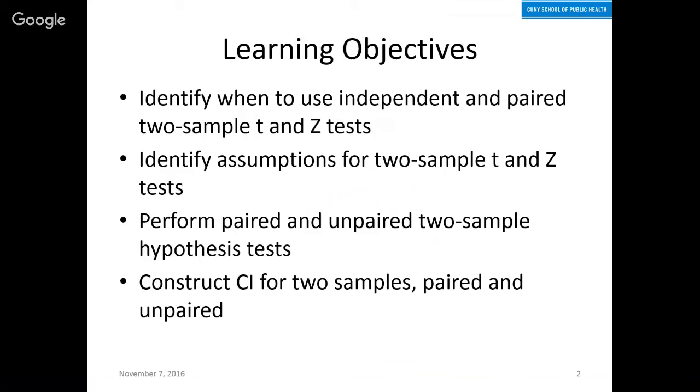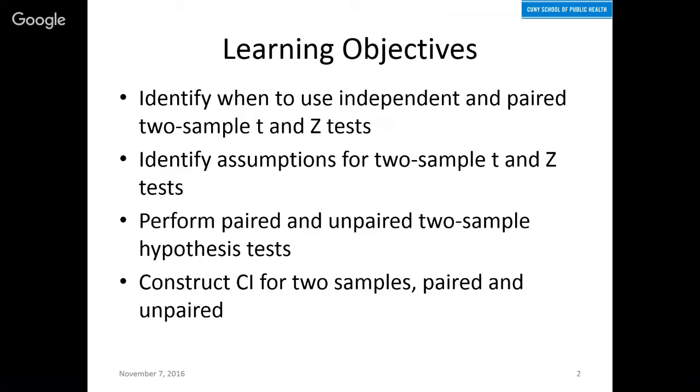We're going to get started and continue with hypothesis testing. We got started with the one sample hypothesis test last week, and with some general things about hypothesis testing.